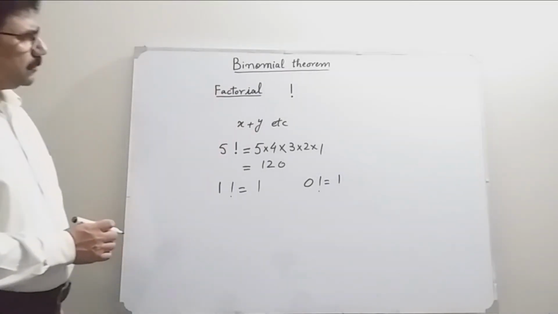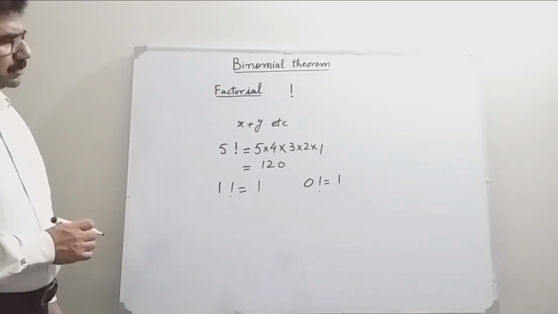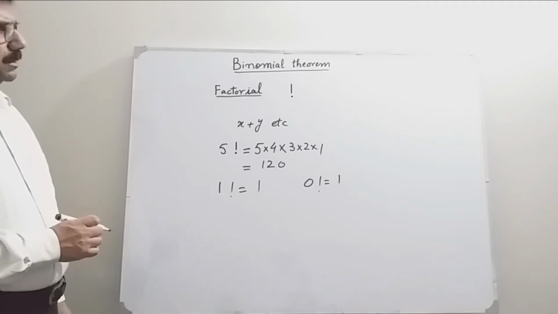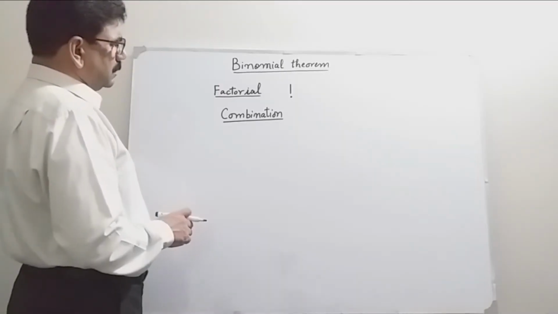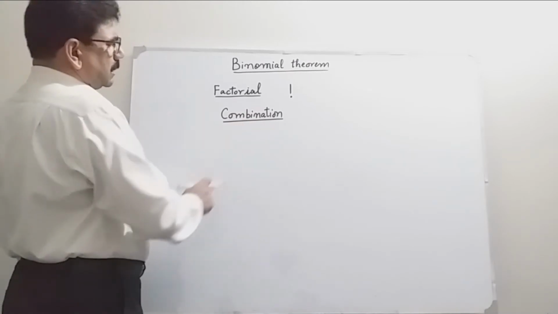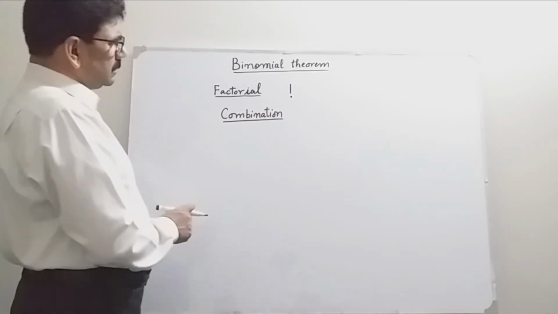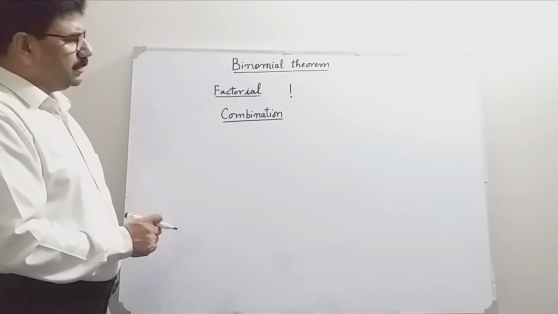After studying factorial notation, let us now study another important term, that is combination. Combination is actually number of ways to select certain objects out of a given total.